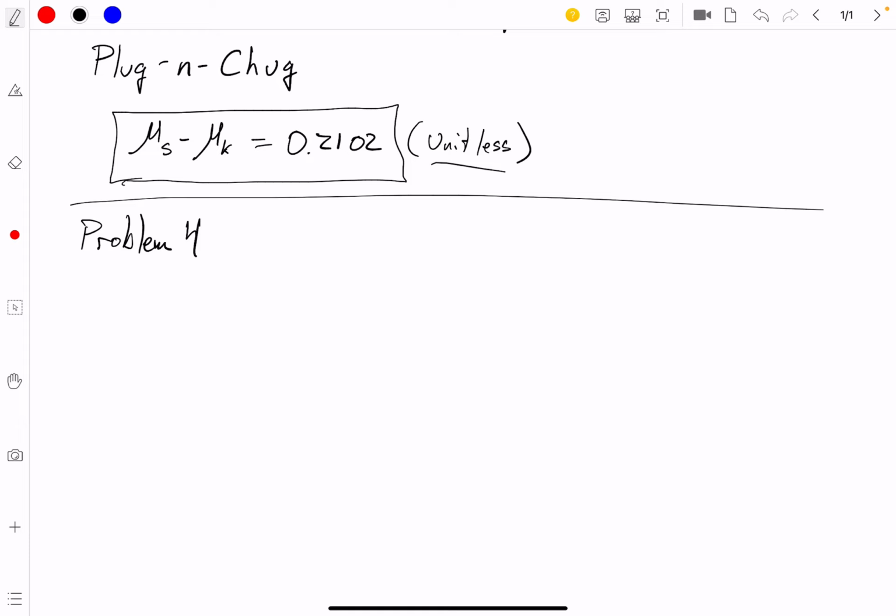Okay, so I have a little ruler here. We can see if this is going to help me keep things straight. Maybe it will. Oh boy, look at all that.